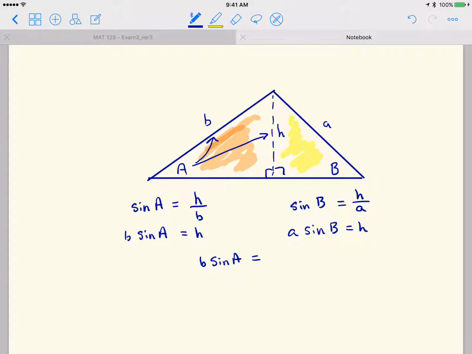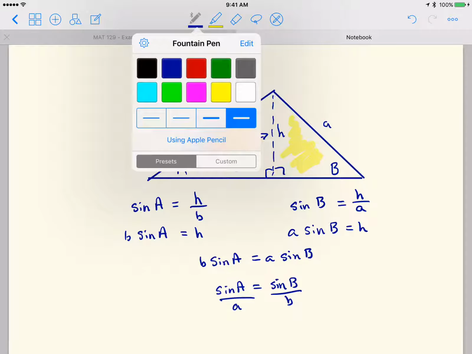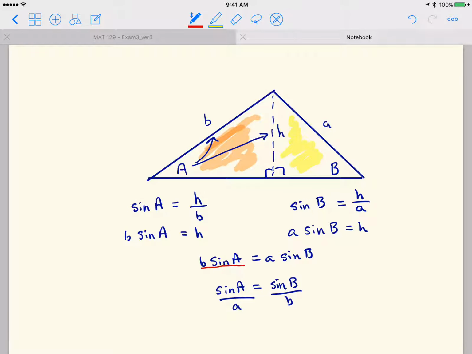So b sine A equals a sine B. Divide both sides by b, divide both sides by a, and you end up with sine of A over a equals sine of B over b. And just to make sure that's clear, if I divided by ab on both sides, these a's would cancel, these b's would cancel. So I get this below.